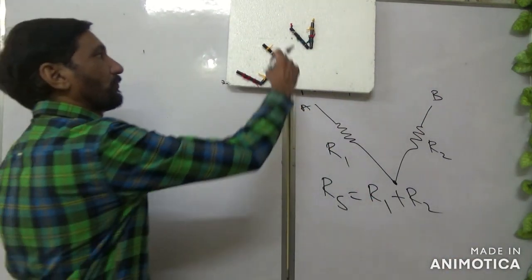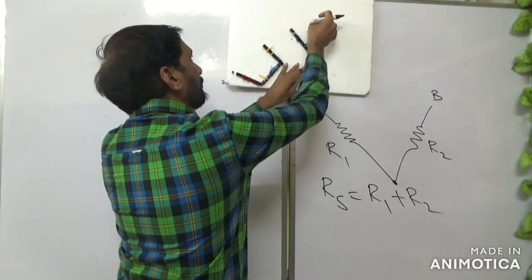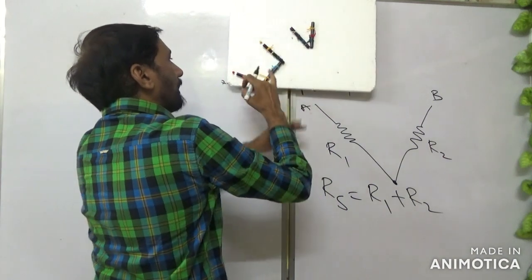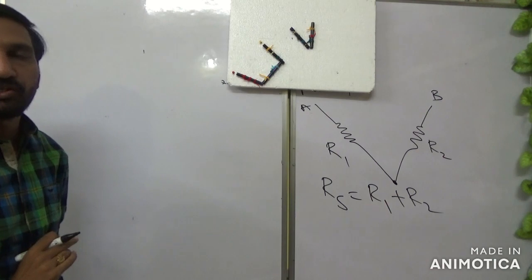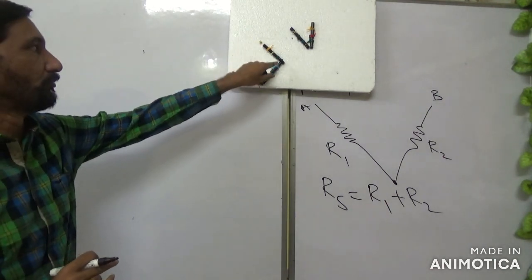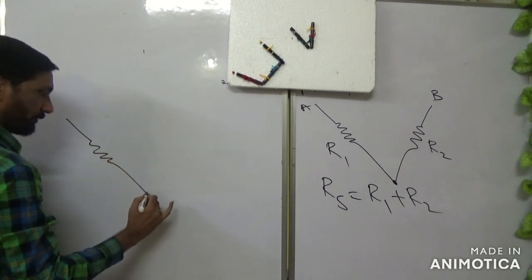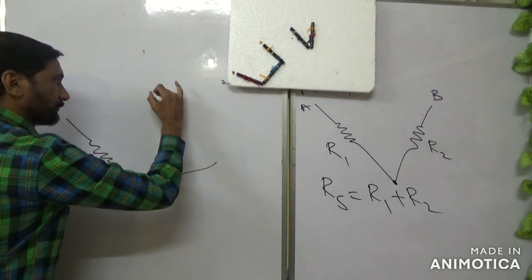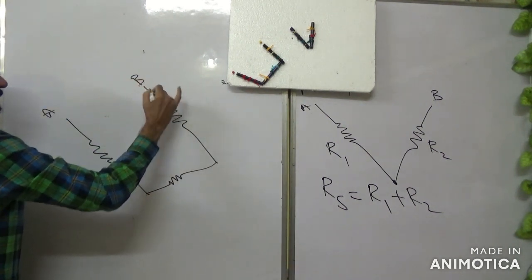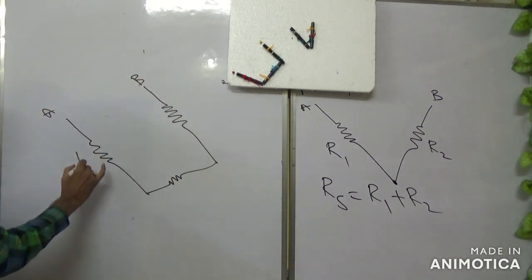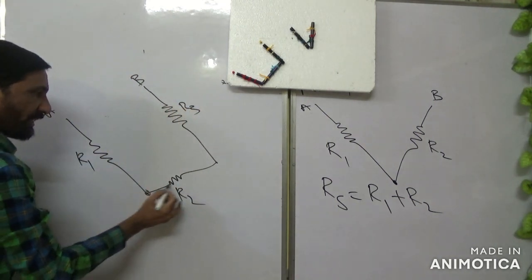Now instead of letter V, say they are arranged in the form of letter U. So you have three different resistors joined in the form of letter U. In this case also the resistors have only one end common.